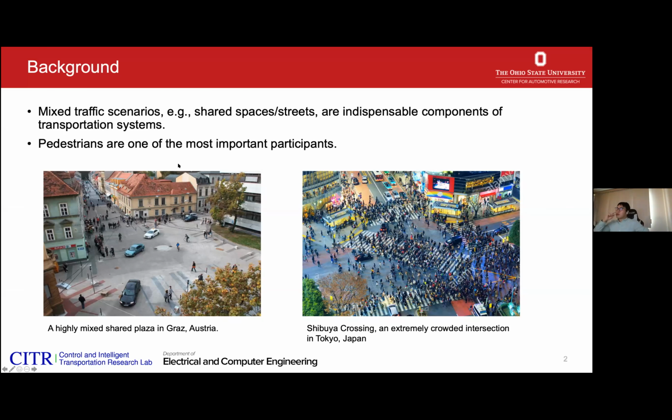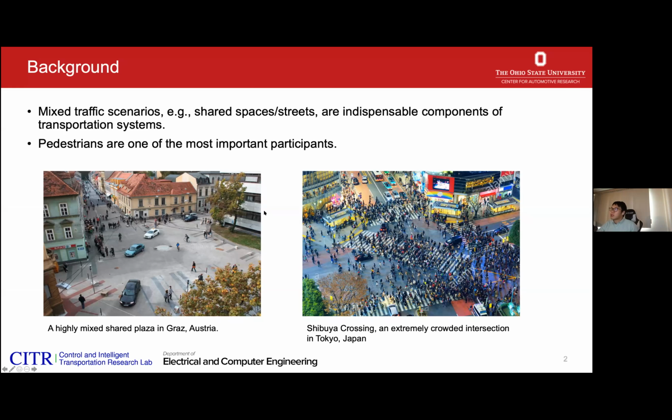So the background of the research is that mixed traffic scenarios, for example, the shared space or shared streets, are indispensable components of the transportation systems. And the pedestrians are one of the most important participants. If you look at these two figures, you will see lots of pedestrians in the shared space.